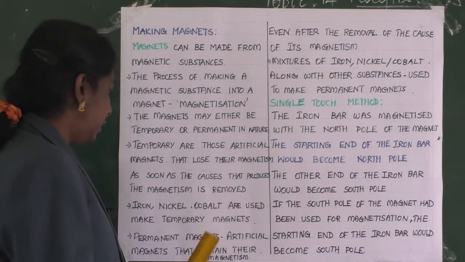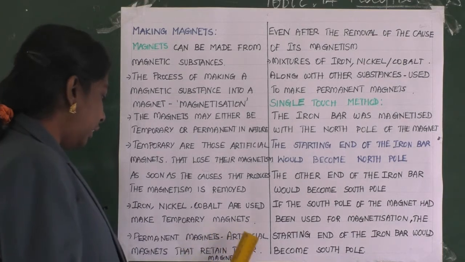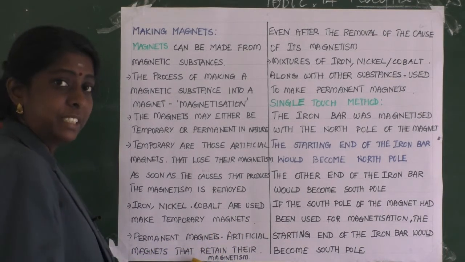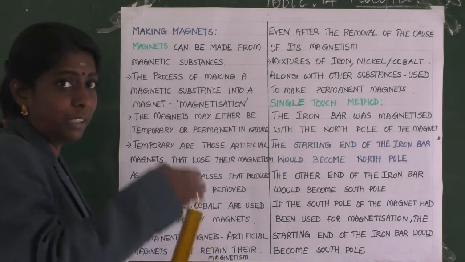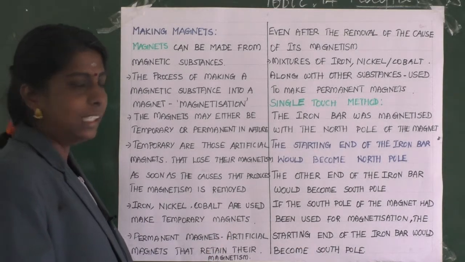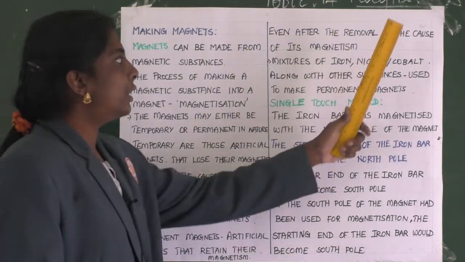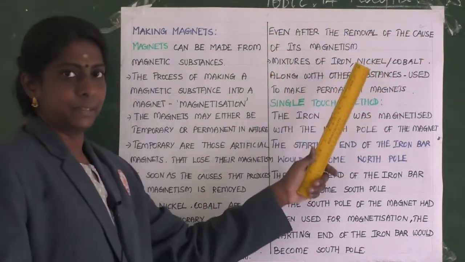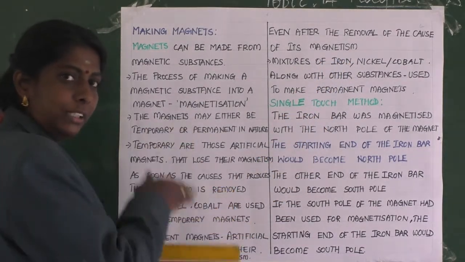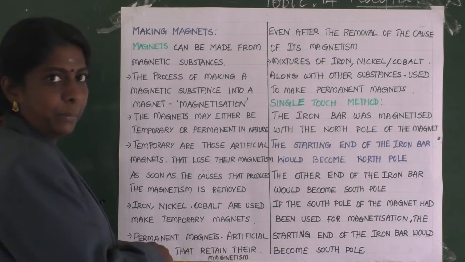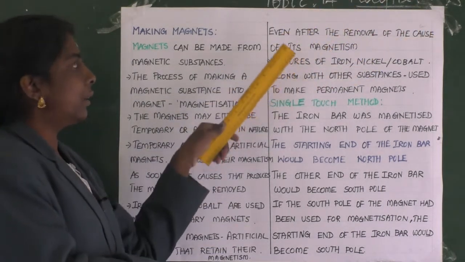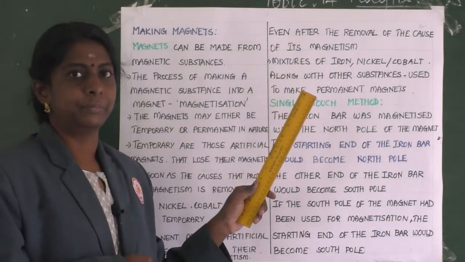Permanent magnets are artificial magnets that retain their magnetism, the magnetic property they have, even after the removal of the cause of their magnetism.